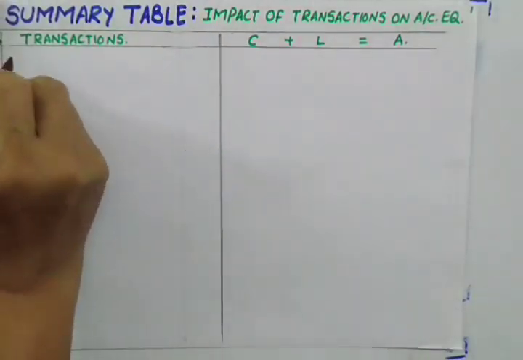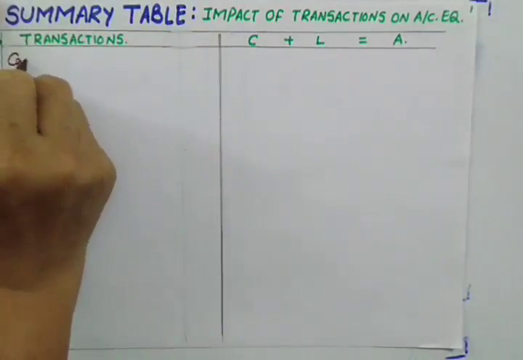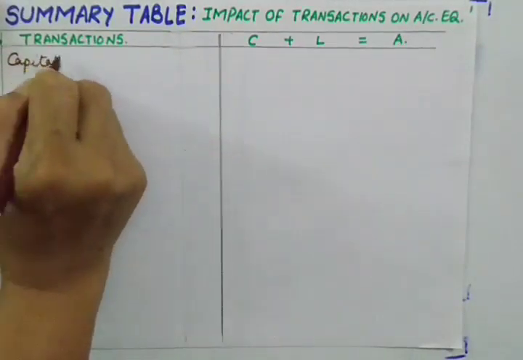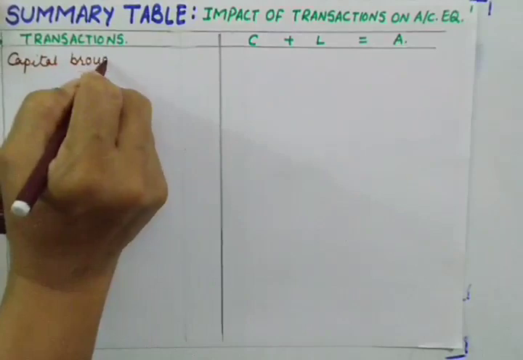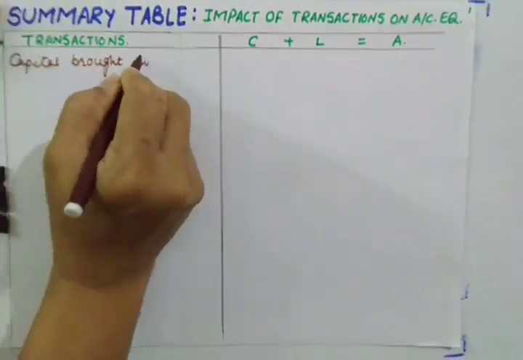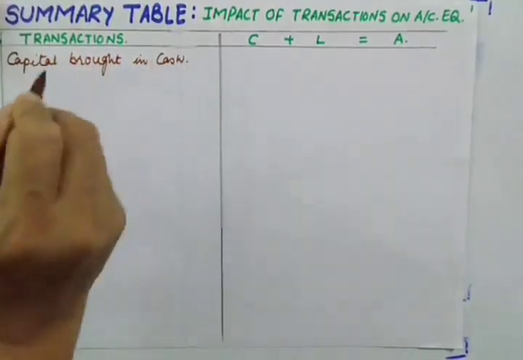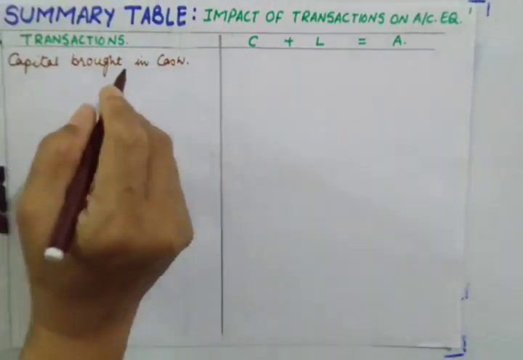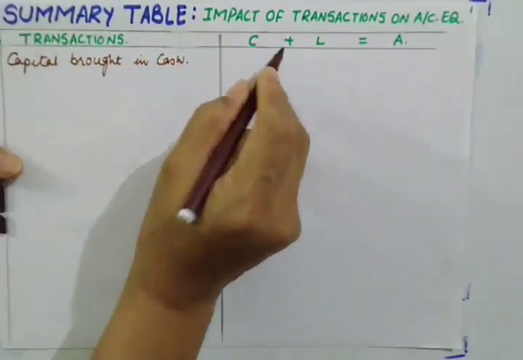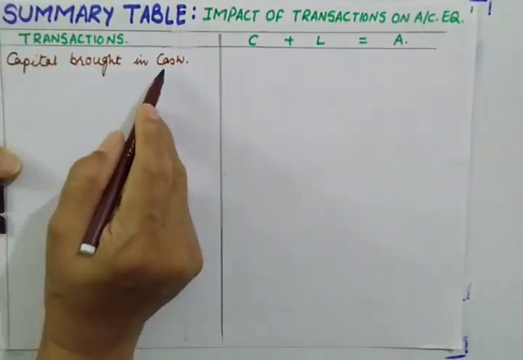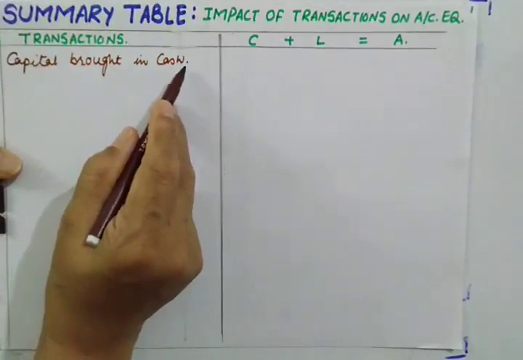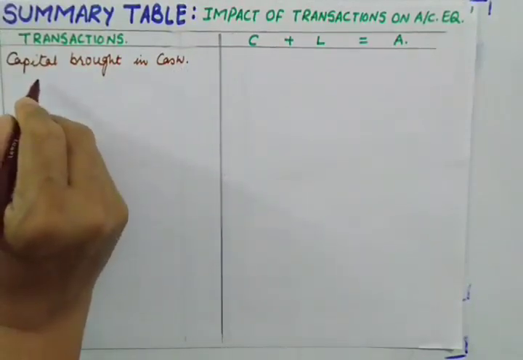First transaction is when capital is brought in cash. How is this going to impact your accounting equation when the owner is investing in cash? Yes, so we can write its impact.